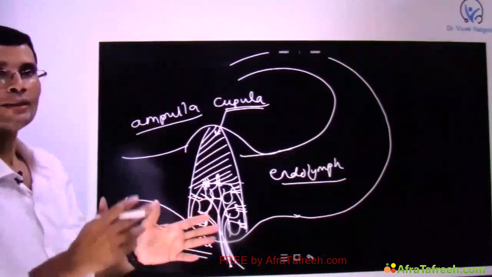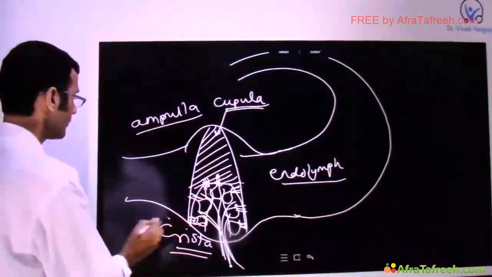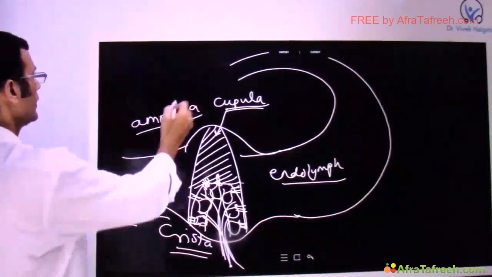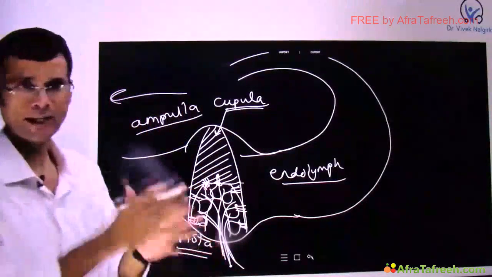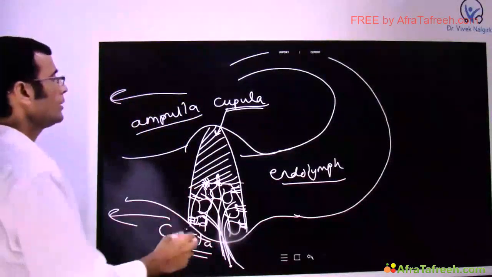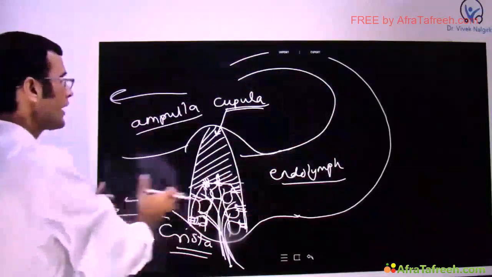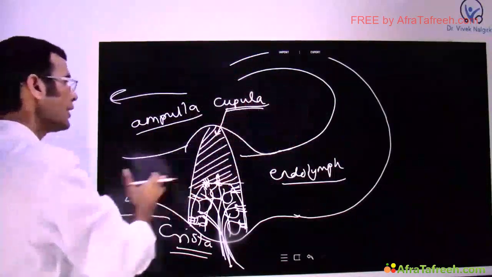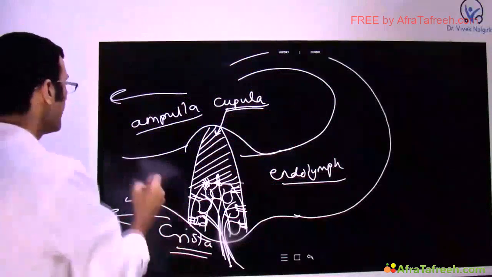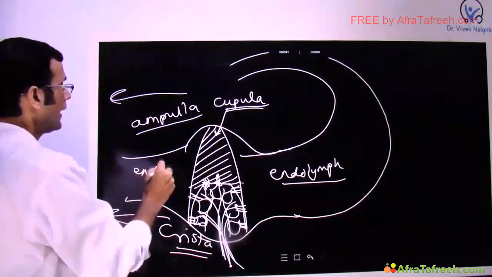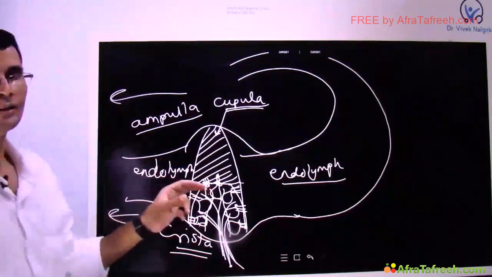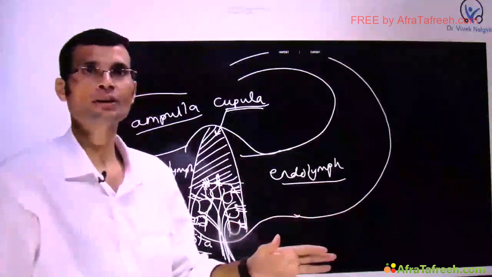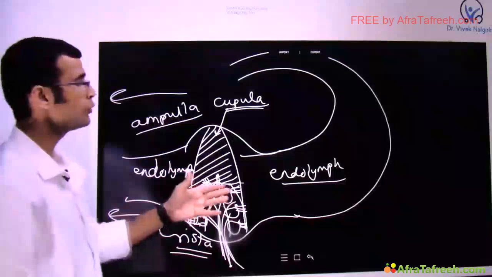When we start rotating the head, let's say in this direction, by a particular angle, the entire semicircular canal will start moving, but the endolymph within the semicircular canal does not move initially. It does not move with the same speed.